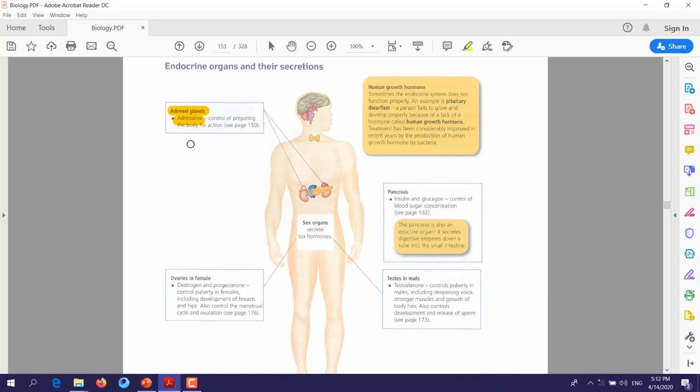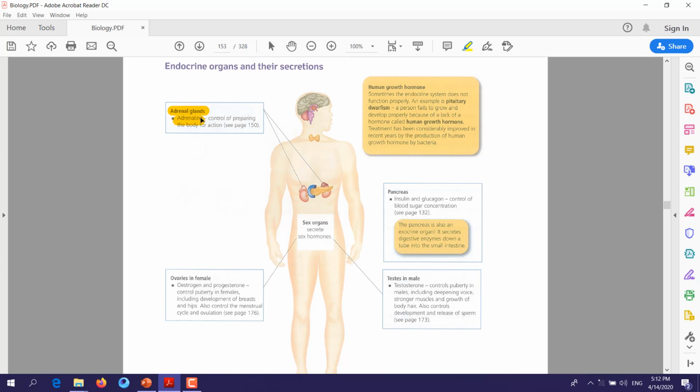You will feel your heartbeat increasing. Why? This is because your body releases the adrenaline hormone. This adrenaline hormone is what causes your heartbeat to increase. Okay, this is one example.